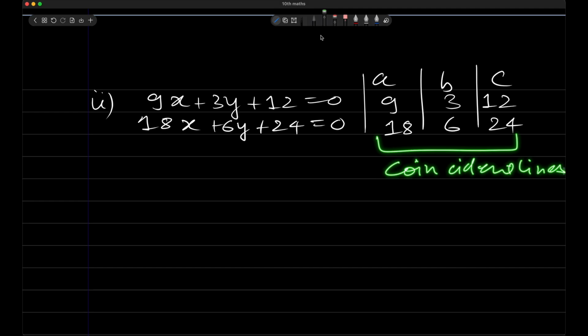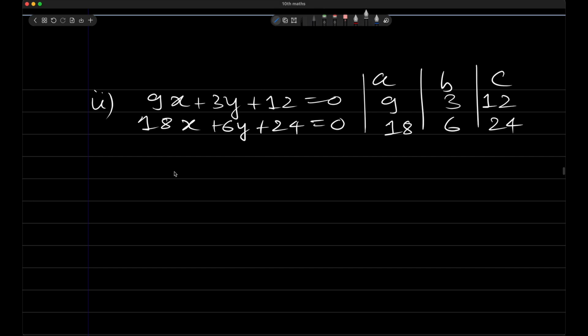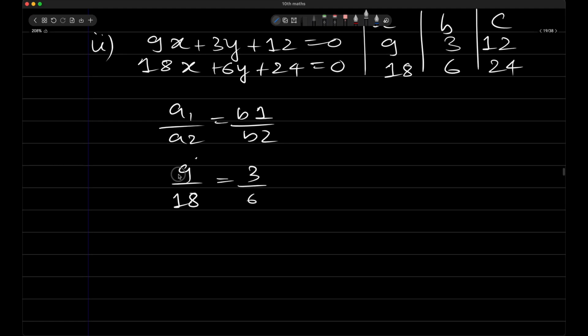But to write the proof, we start with a1 upon a2 equals b1 upon b2, that is 9 divided by 18 equals 3 divided by 6. These two are equal, that is 3 2s are 6 and 9 2s are 18. We have 1 divided by 2 equals 1 divided by 2. In the next step we check whether this equals c1 upon c2.